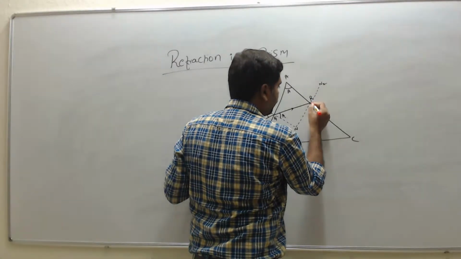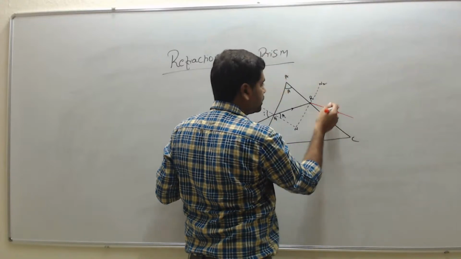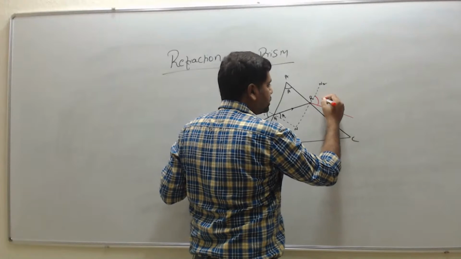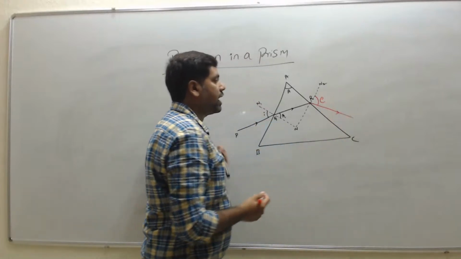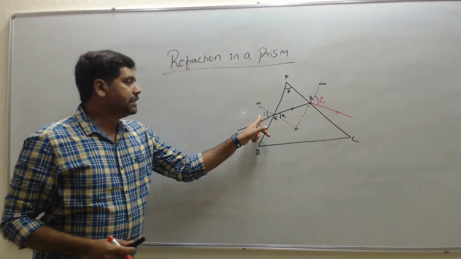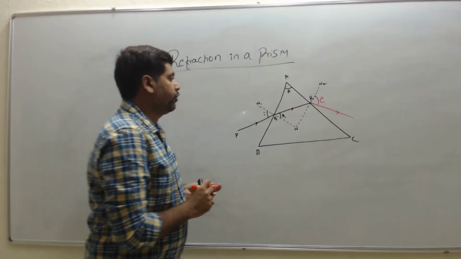So this ray we call the emergent ray, and the angle we take as E, the emergent angle.